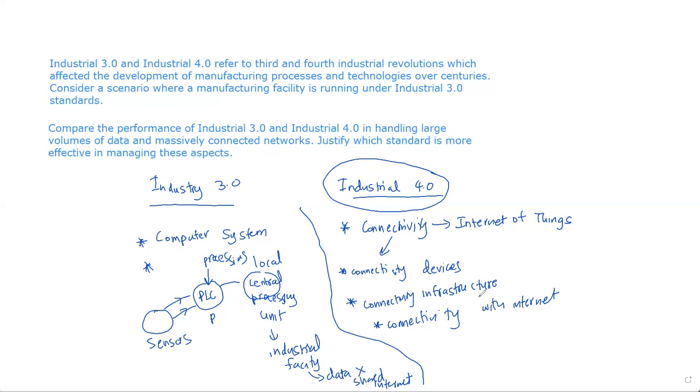So you can mention that Industry 4.0 focuses more on connectivity and on allowing data to be connected to cloud computing locations. It allows processing of large amounts of data, due to the availability of computing resources.